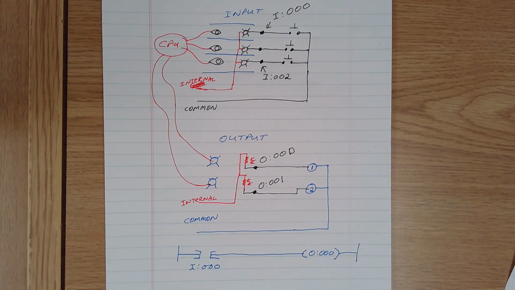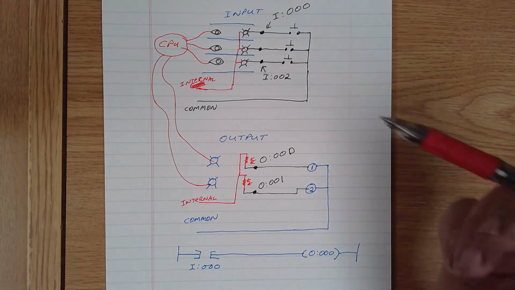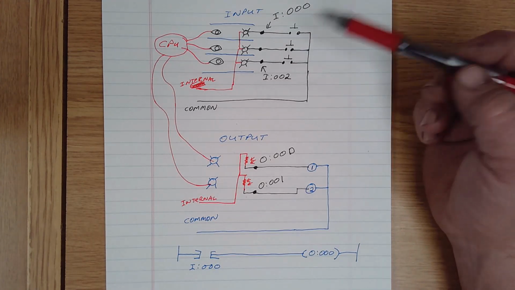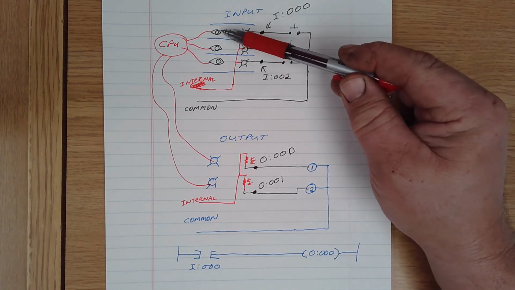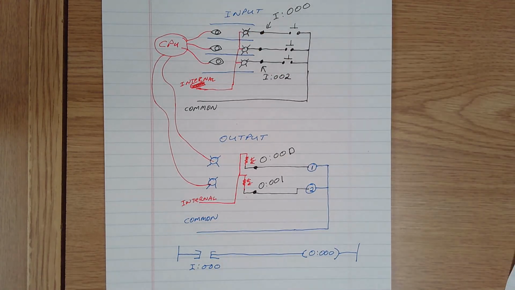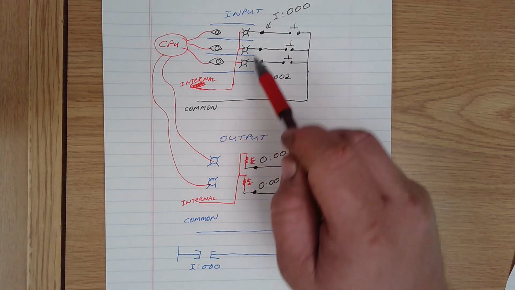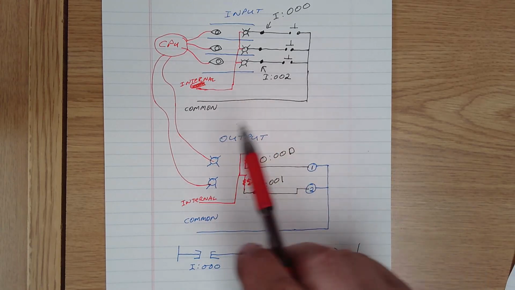On your input cards, you can think of it as having a set of lights with a set of, let's say, photo eyes looking at each of those individual lights. They're all connected internally to the power supply.